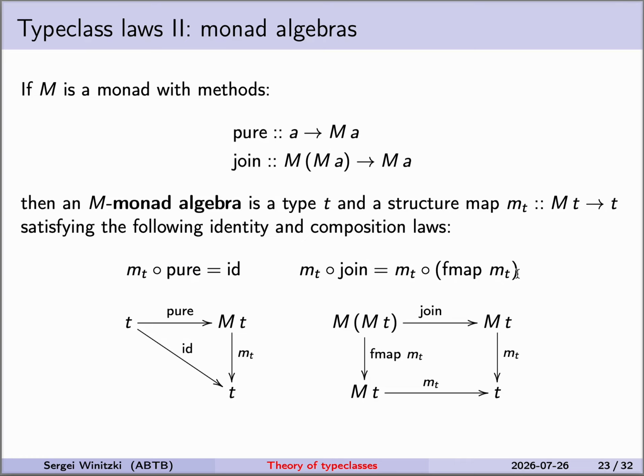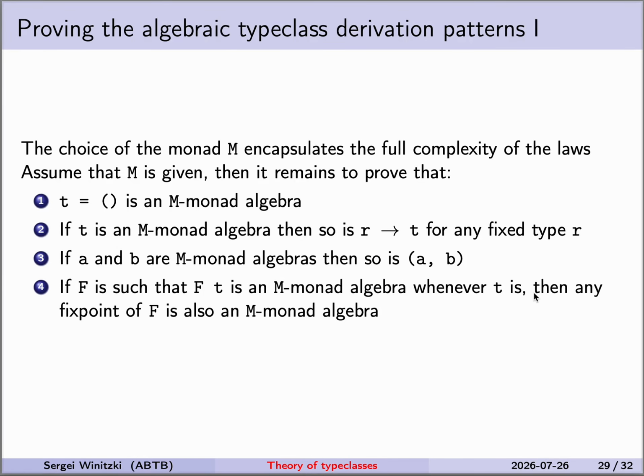So the monad M is given, its methods are known, you have the code for them, you just need to check that this code is a function that is always equal to that function. So, well, this is very simple because the function of type M unit to unit is just a constant function returning unit, and then a constant function returning unit is going to satisfy all those equations because the result is always going to be just unit.